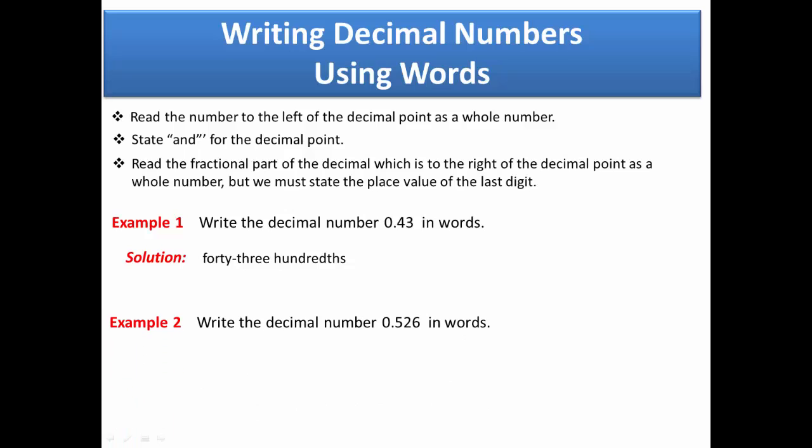For the next example, write the decimal number 0.526 in words. We will say this as 526 thousandths. Notice we say thousandths at the end because the 6 is in the thousandths place.